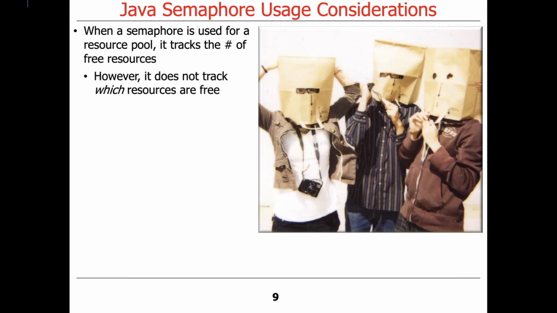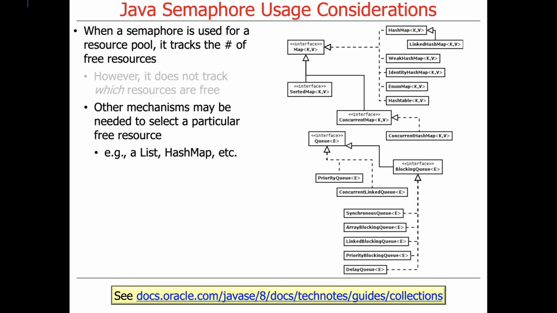That requires something else. And what that typically requires is some other mechanism to select the free resource. So some kind of list, some kind of hash map. And of course, you need to make sure that those things are properly synchronized so that they don't get corrupted when multiple threads are inside that critical section. So again, semaphores are often used in conjunction with other types of synchronizers to provide holistic solutions to concurrent resource management problems.